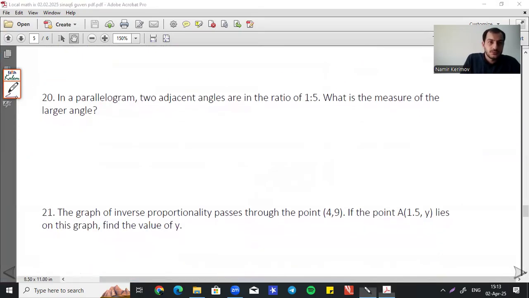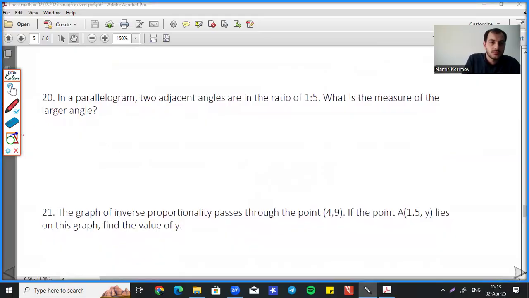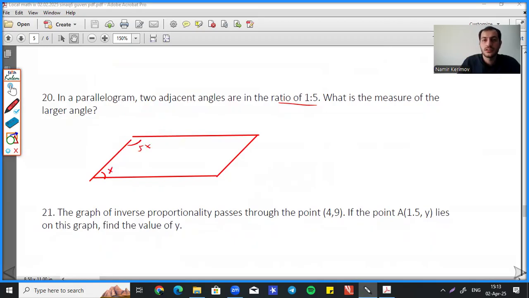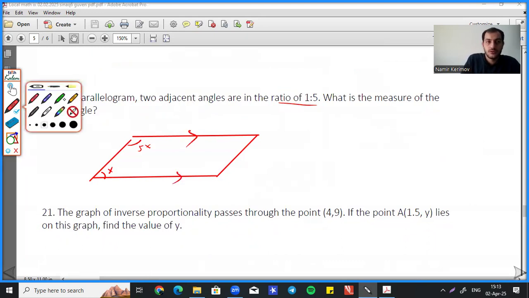And question 20. In a parallelogram, two adjacent angles are in the ratio 5 to 1. Let's call them x and 5x. We know that for a parallelogram, the sides are parallel, and the sum of two adjacent angles should be 180.